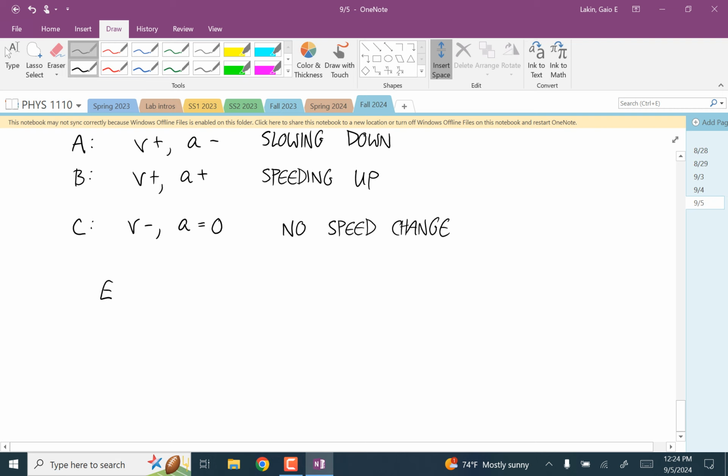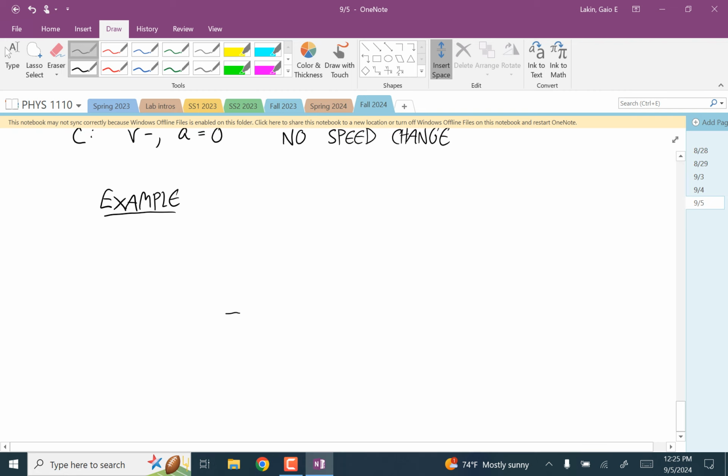Okay, let's think of another case. Now I'm going to give a position versus time graph. And then we're going to draw an arrow in the direction of the acceleration in the real world, like which way the acceleration would be pointing in the world where the object lives.